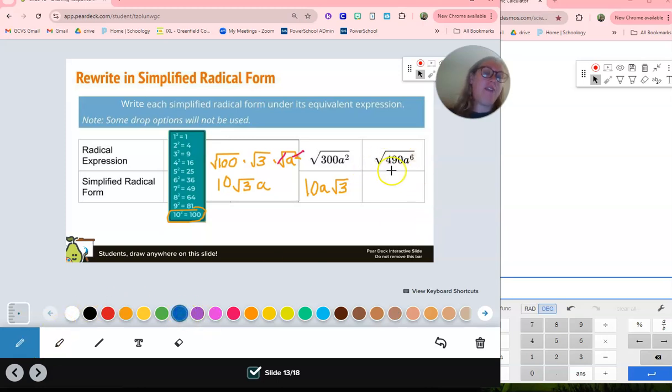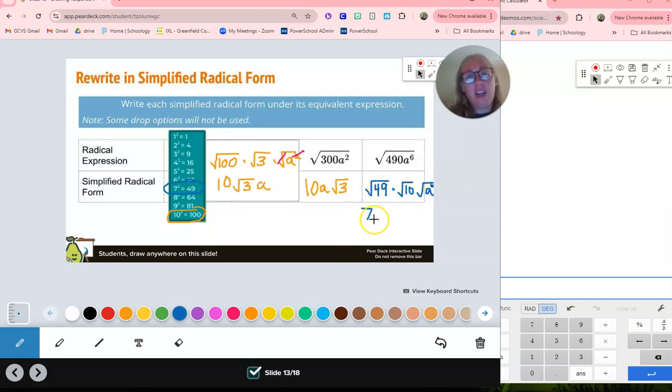For the next one, we have the square root of 490 times a to the 6th. That's the square root of 490, which is 49 times 10. That gets us 490, and 49 is a perfect square, so that's a helpful number to pull out. Then we have the square root of a to the 6th. The square root of 49 is 7.